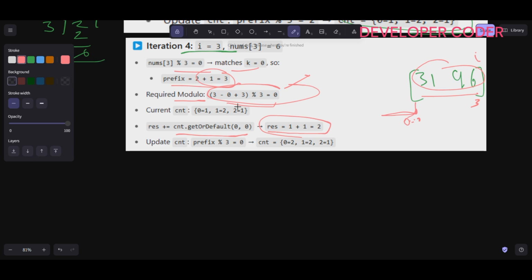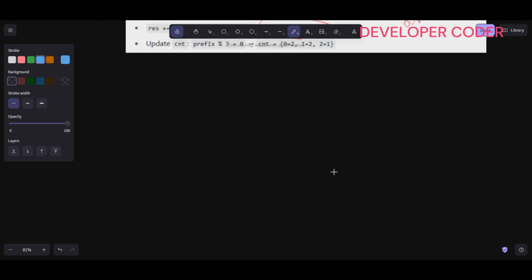One more thing. Let's suppose until here is complete; we know that 3 is the prefix sum until here.